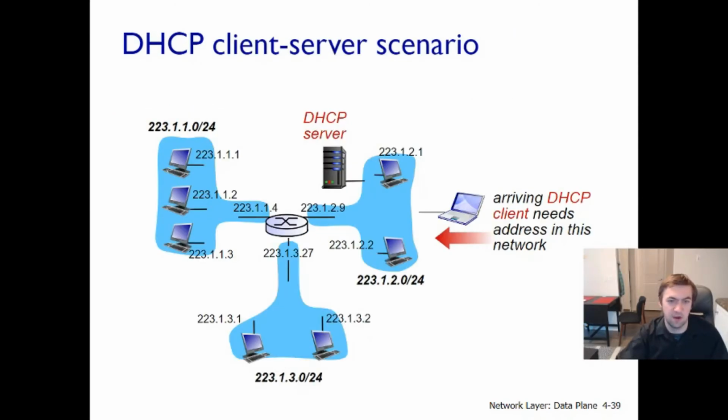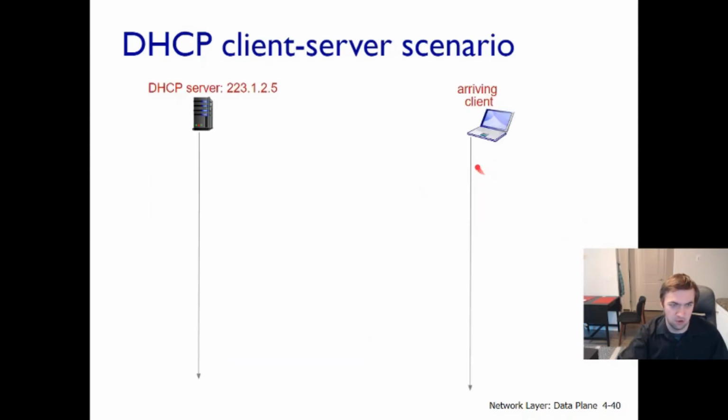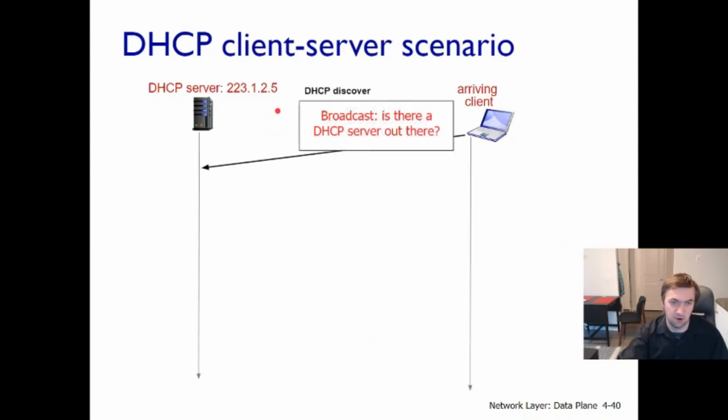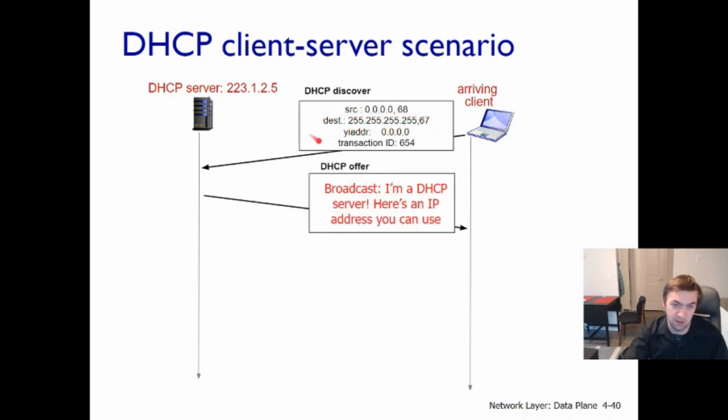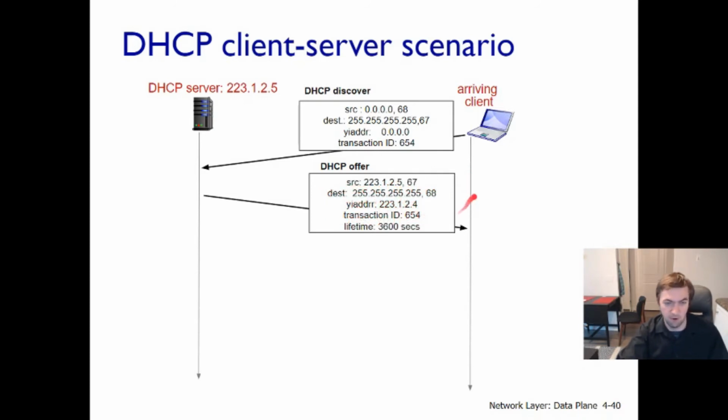Here's a scenario of a new client arriving in a network and needing a new IP address. So our client shows up and says to the DHCP server, hey, is there a DHCP server out there that can give me an address? So it sends the message, the DHCP server replies and says, I'm a DHCP server, here is an address you can use, and it gives the address 223.124.